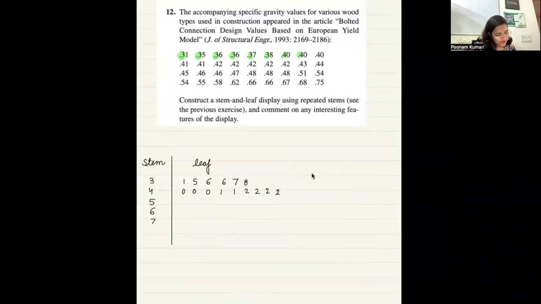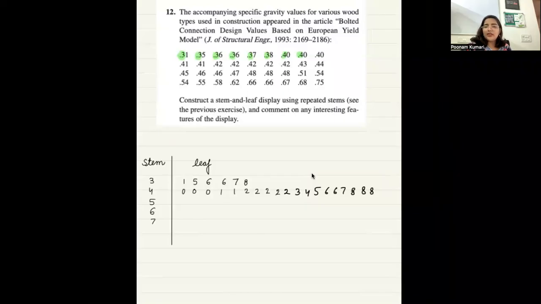So we have 2, 5 times 1, 2, 3, 4, 5, and then we have 3, and then we have 4, 5, 6, 6, 7, 8, 8, 8, right? These are the numbers that we have. So how do we know if it's 31 or 0.31? It's given, na? It's 0.31, Narmada.